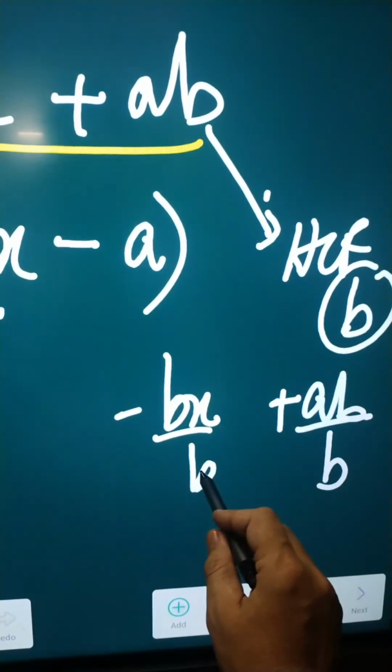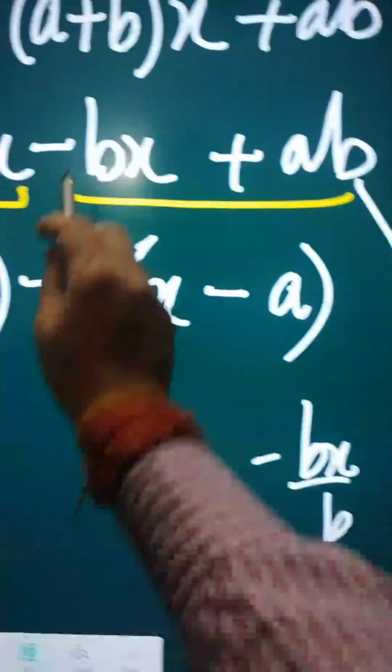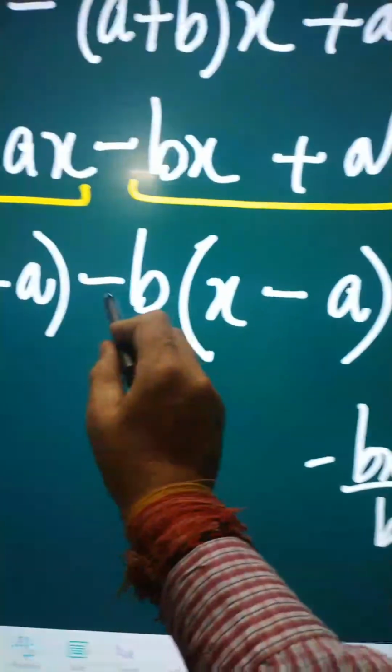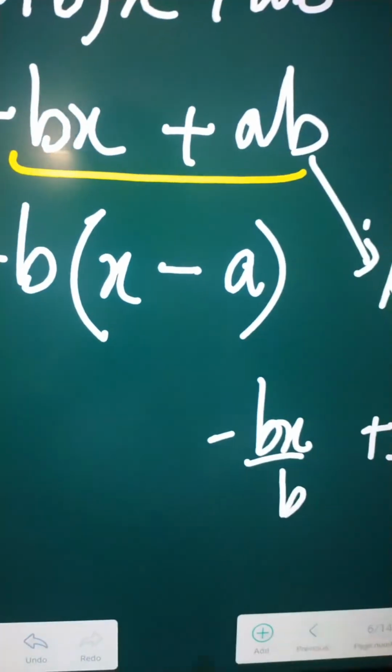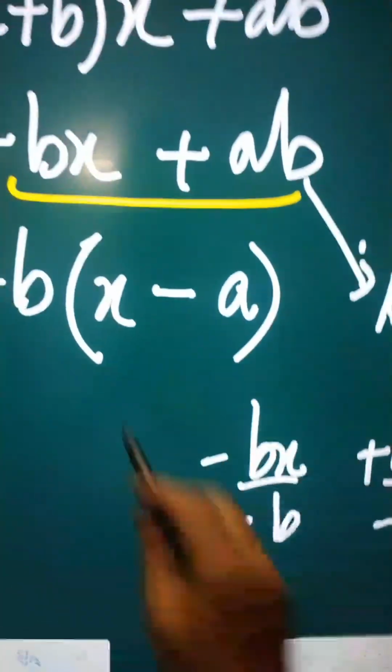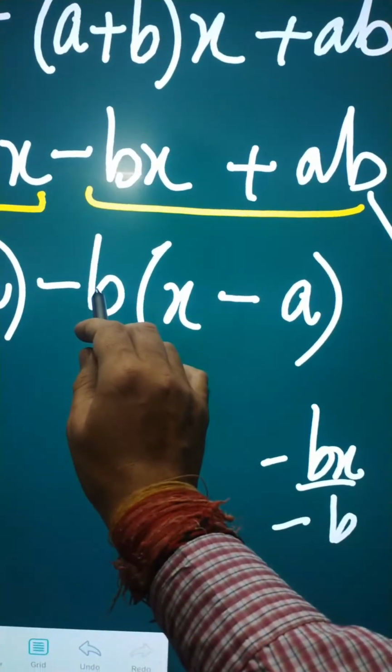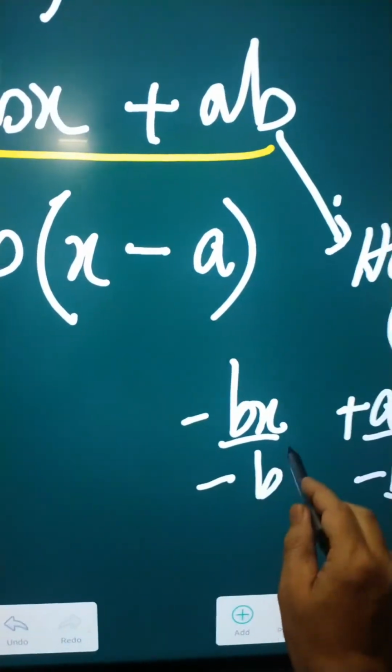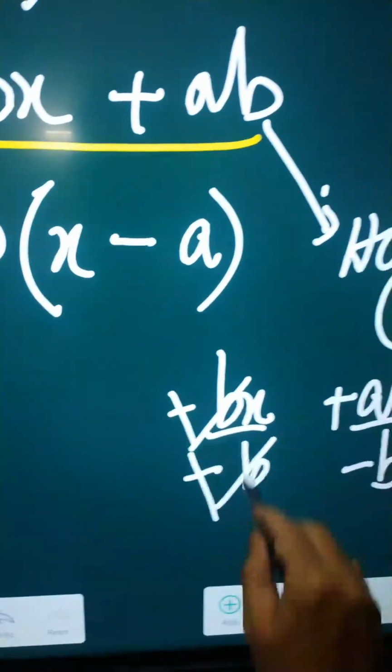When I divide, I put this minus sign here. Minus bx divided by minus b: minus minus cut, b and b cut, so it is plus x.